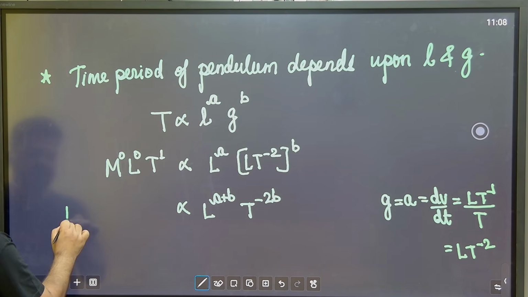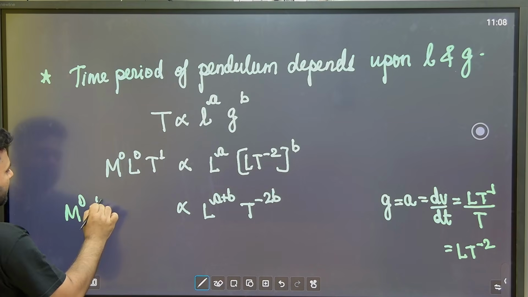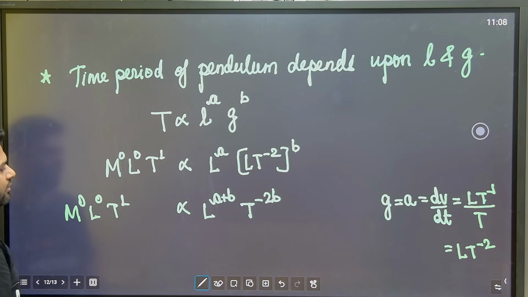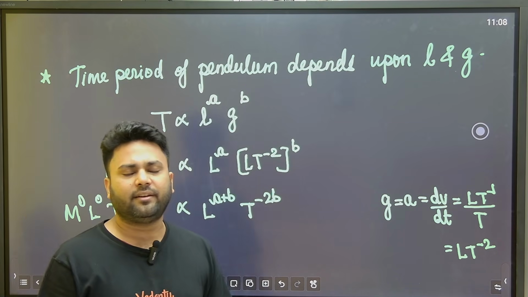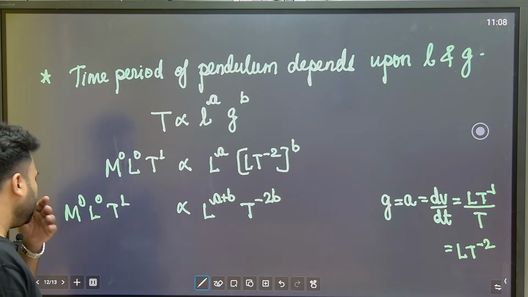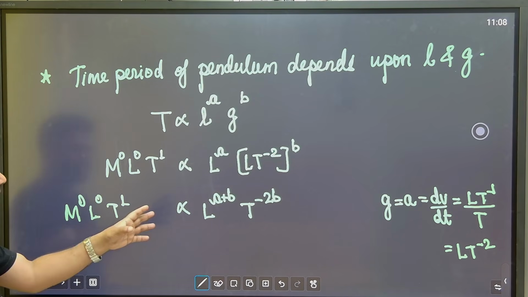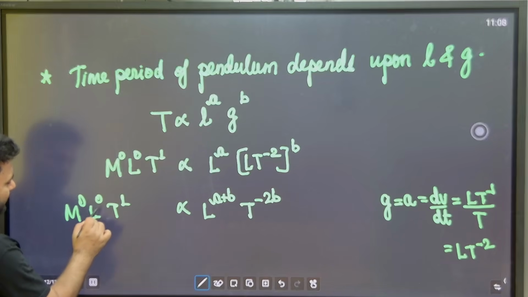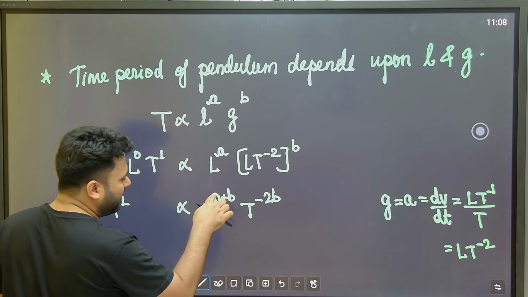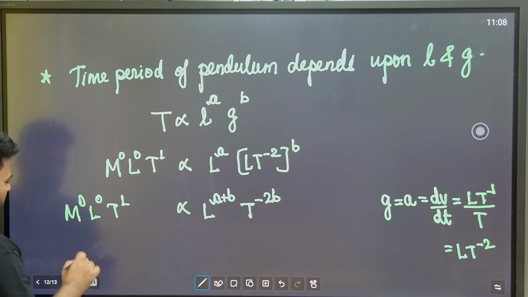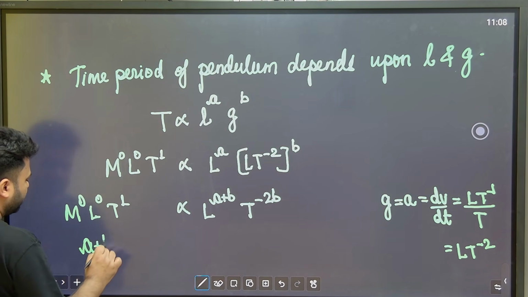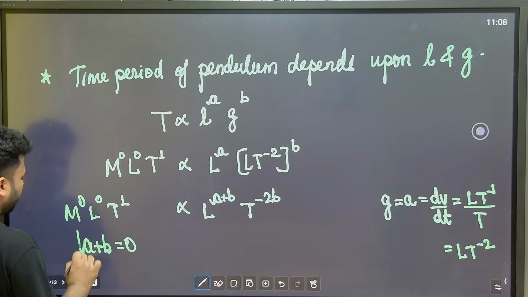Now if I match the left hand side and the right hand side, if I compare these two, here length power should be 0, here length power is coming a plus b, means a plus b should be 0. This is our first equation.